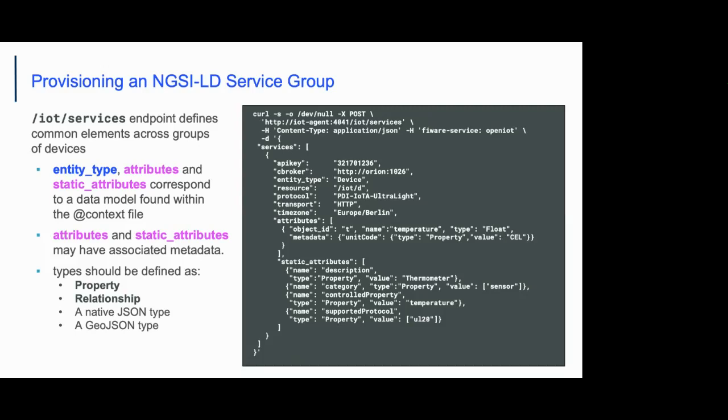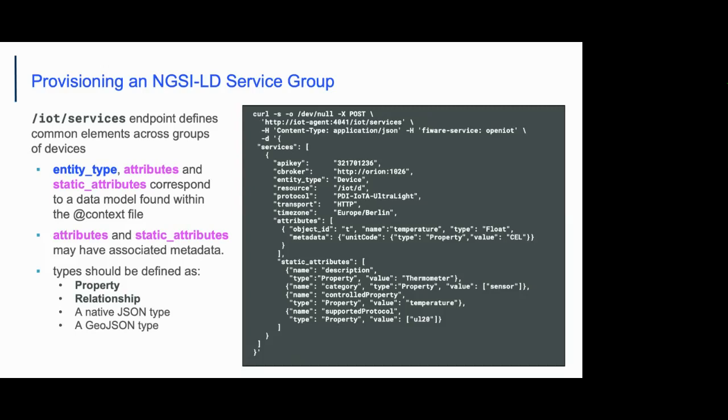The transport could be HTTP, MQTT, and so on. Time zone is obviously so that the observedAt can be pushed to Zulu time, because that's what must be put into an observedAt. Every date field in NGSI-LD is an ISO timestamp, so it needs to be on Zulu time.